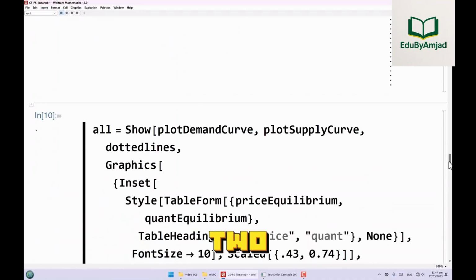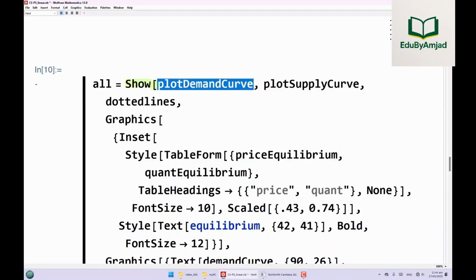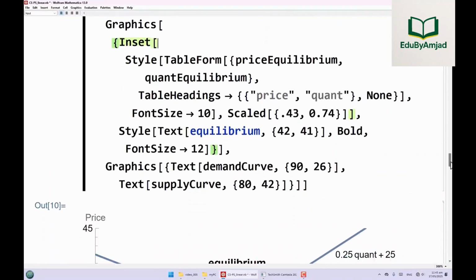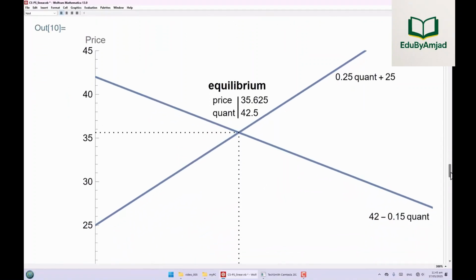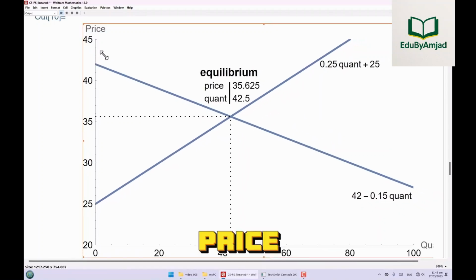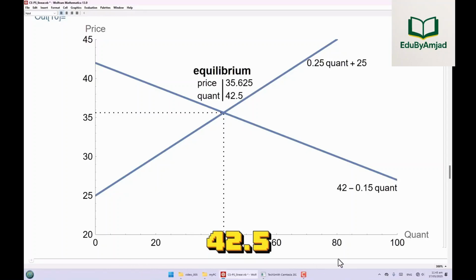Show the intersection of the two curves and the resulting equilibrium price and quantity. Price is 35.63 and quantity 42.5.